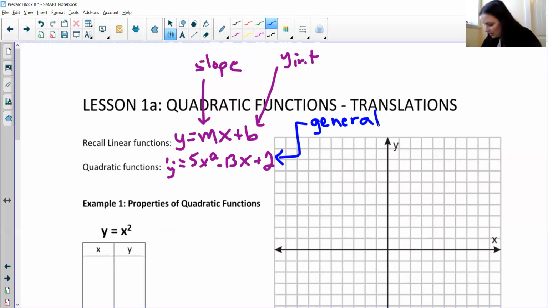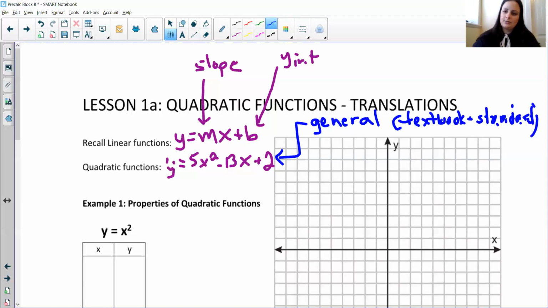Now, your textbook also calls this standard form. But I'm going to get to that in a second, this whole naming convention thing, standard. Okay.